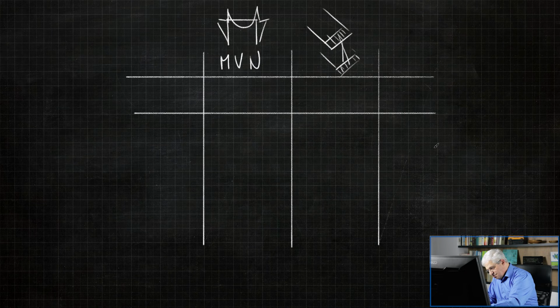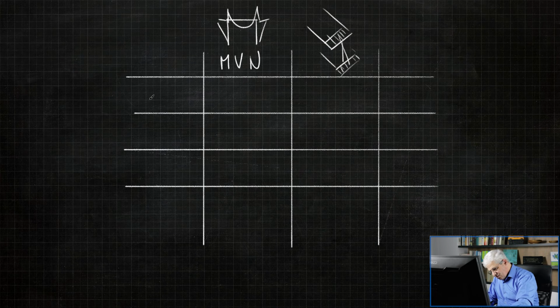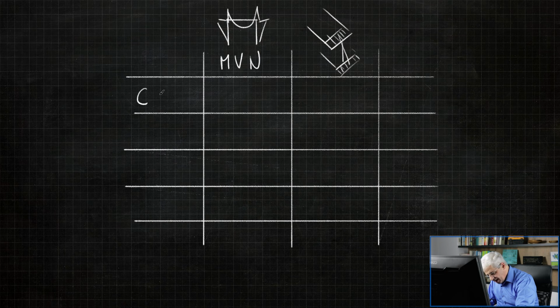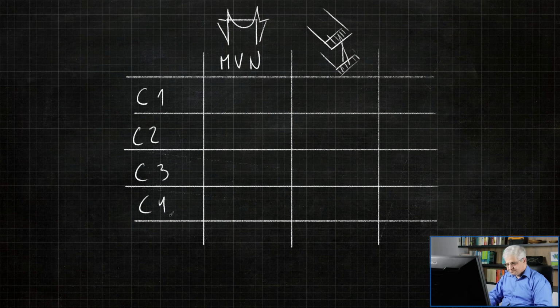Eurocode knows 4 classes of cross-section. We have class 1, class 2, class 3 and class 4. If we have a robust cross-section with enough rotational capacity, then this cross-section can be checked with the plastic properties and also analyzed with the plastic hinges.